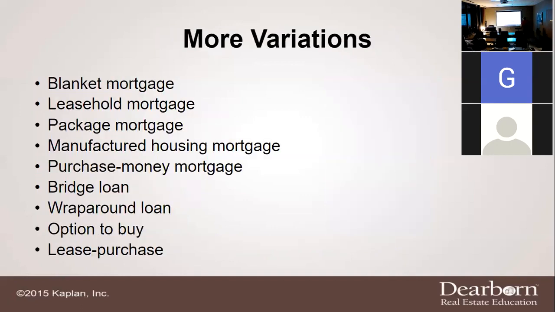Now, there are many different variations. We have blanket mortgage, leasehold mortgage, package mortgage, manufactured housing. All of these are different types of options, different types of monetary funds in regards to how you can borrow money. Okay.